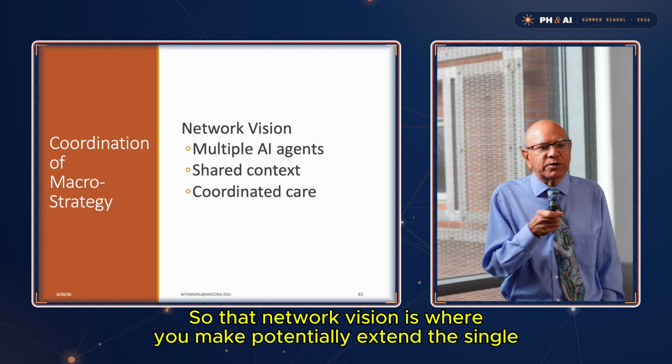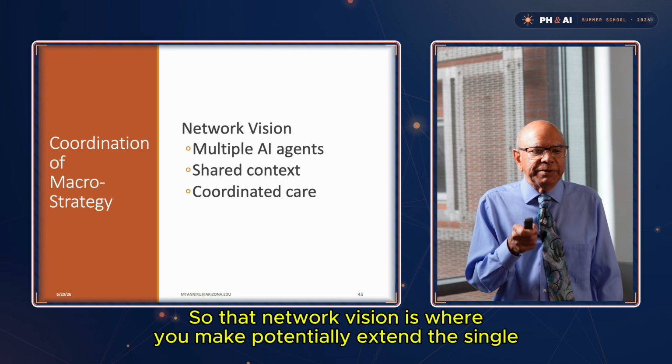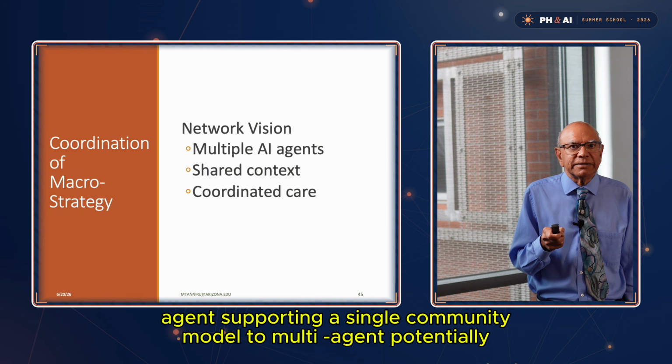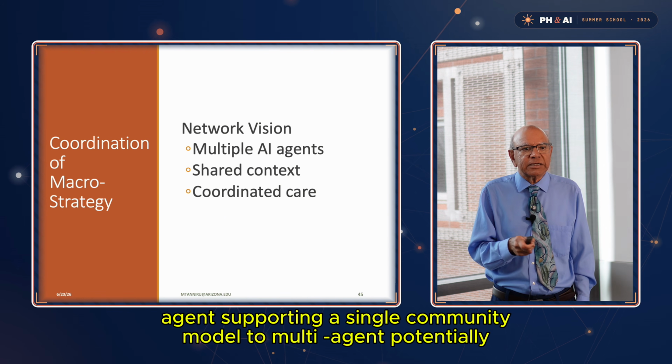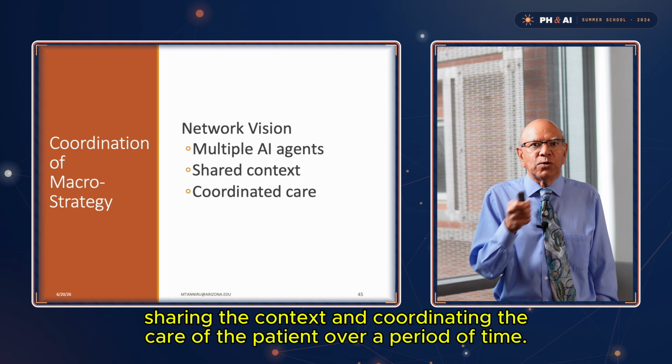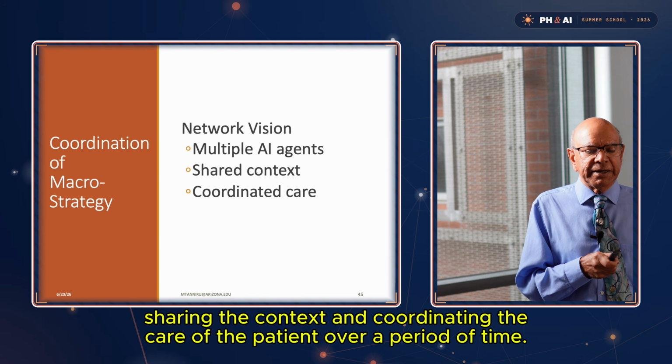So that network vision is where you potentially extend the single agent supporting a single community model to multi-agent, potentially sharing the context and coordinating the care of the patient over a period of time.